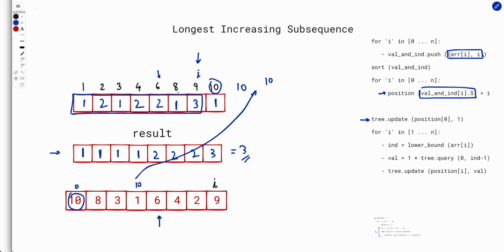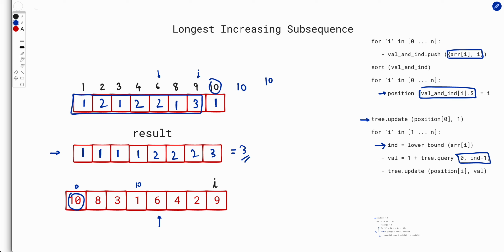So that's where we have to do lower bound here, so that we get to the first index which has this value. Now once we get to the lower bound, we can simply query on 0 to index minus 1 and do a plus 1 here to get the value of the current index.